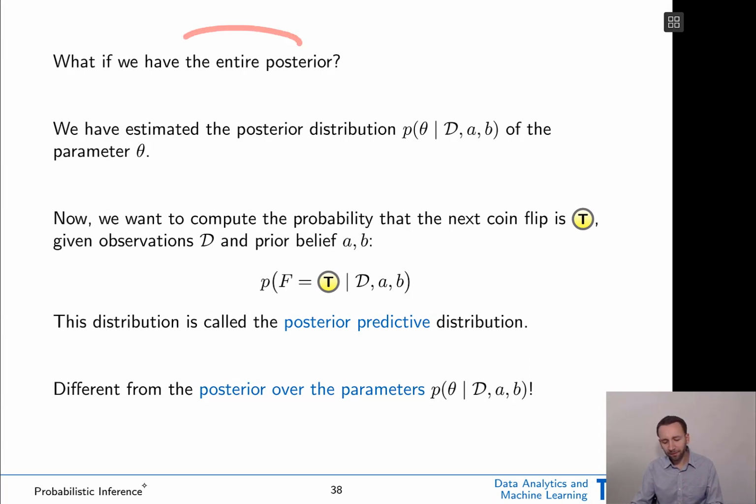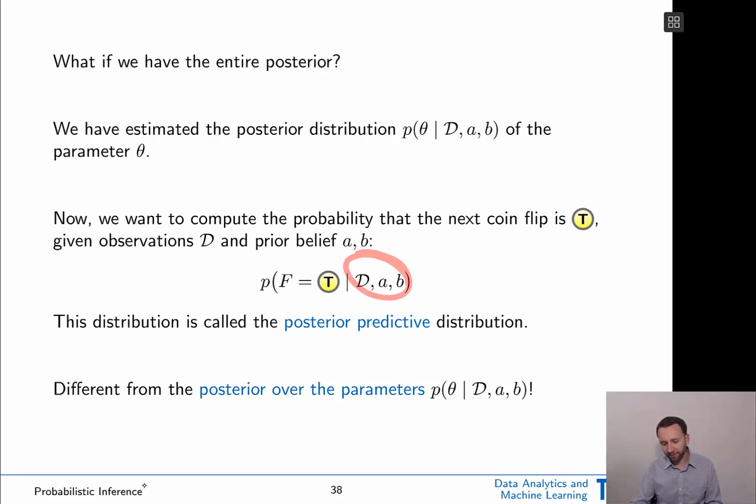So what if we have the full, entire posterior distribution? Can we do better? The answer is yes, because technically, as I said, we are not interested in the theta, but in the following question. What is the probability that the next coin, so here we should actually have an 11, for example, shows tail, given the data and given our prior beliefs parameterized by a and b of the beta distribution?